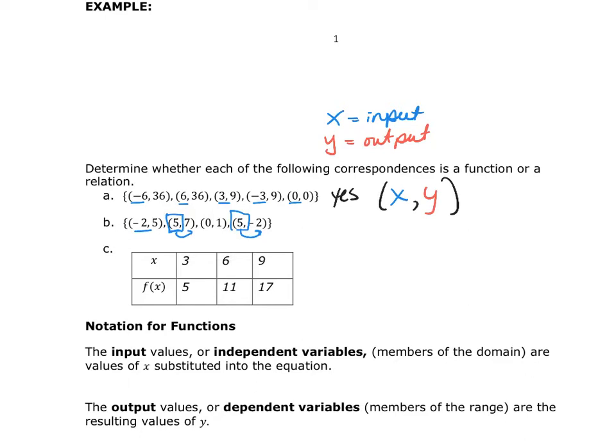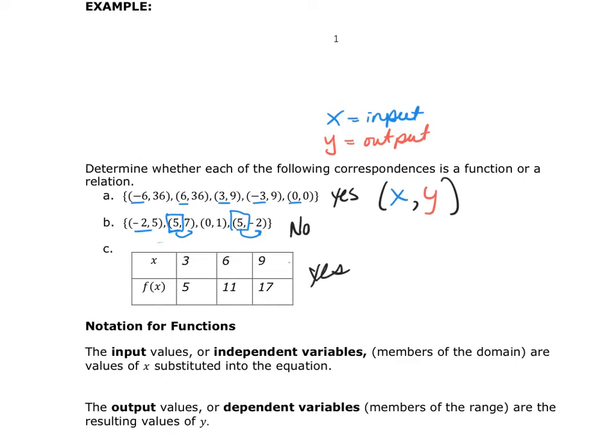Because that breaks the rule of how we define a function, this one is not a function, so that's a no. If I have it in a chart, I'm looking for my x values. My x values in this particular chart are the top row. I can see that 3, 6, and 9 are not repeated in the x positions. So this one is also a function. So this one is yes.